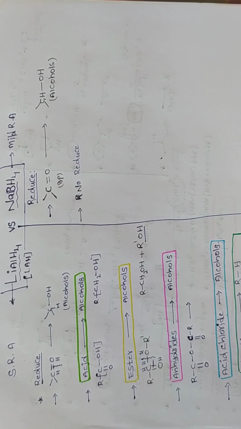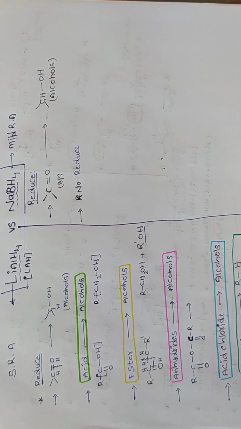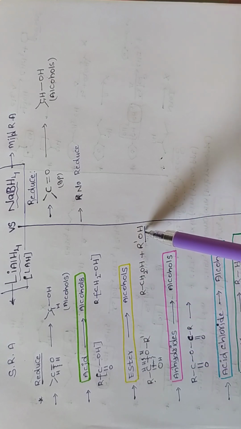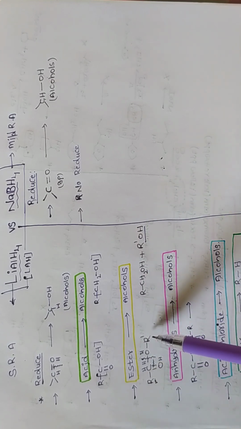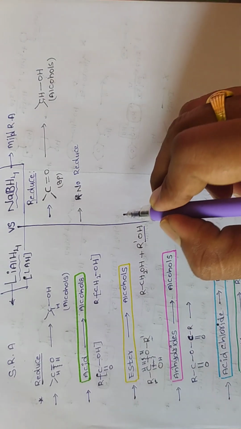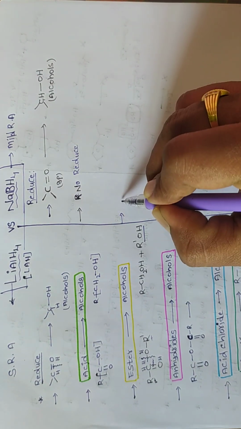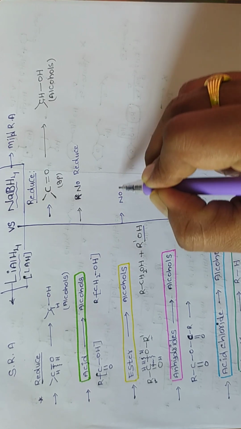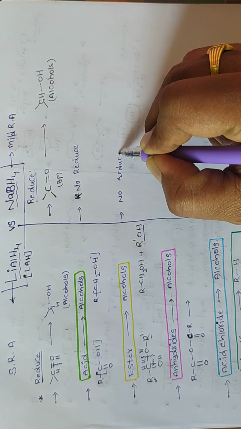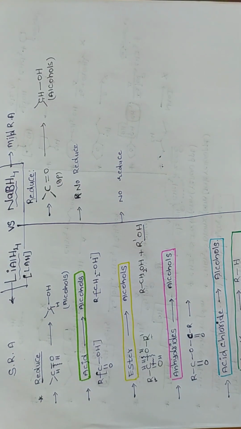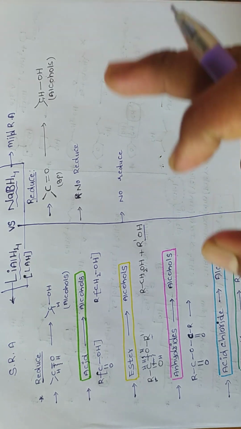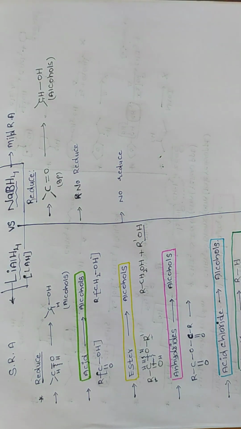If different alkyl groups are present, different alcohols are formed. If the same alkyl groups are present in the ester, we get one type of alcohol. Whereas sodium borohydride does not reduce esters to alcohols, because it is a mild reducing agent.